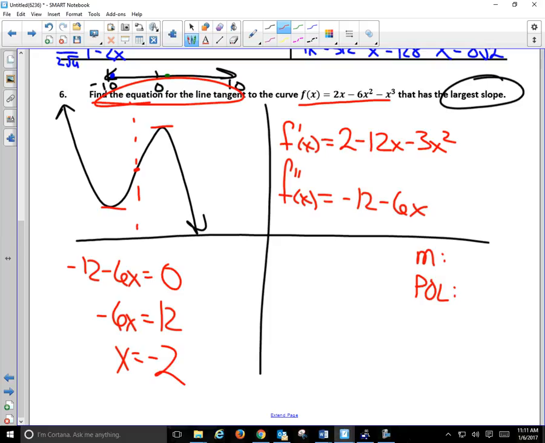Okay, I think you guys are all saying what I'm going to write down, but you found the x value of the point on the line, right? And then you're going to use the x value of the point on the line to find the y value. How do I find the y value? Plug it into second derivative, first derivative, or original? Original. Anybody plugged it in yet?